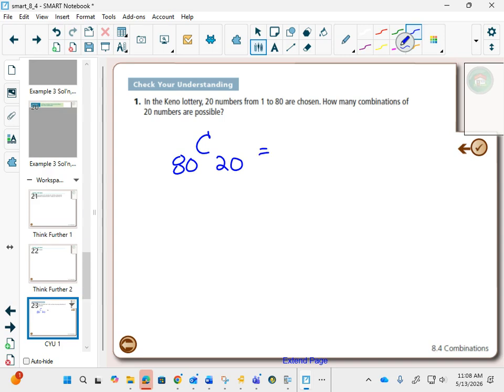And I find the formula, it's on your formula sheet, but I find the formula for combinations really easy to remember because the 80 means you're going to have 80 factorial on the top. The 20 means you're going to have a 20 factorial on the bottom. And then the other number on the bottom is so that the 2 numbers on the bottom add up to the number on the top.